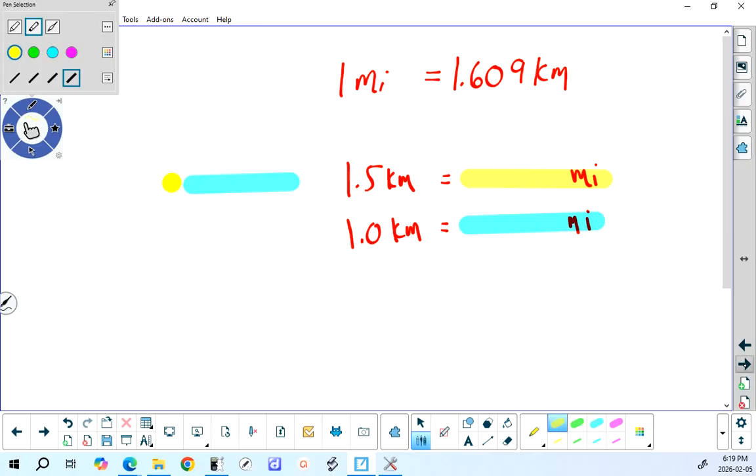So when we multiply these two things, that will be the area.